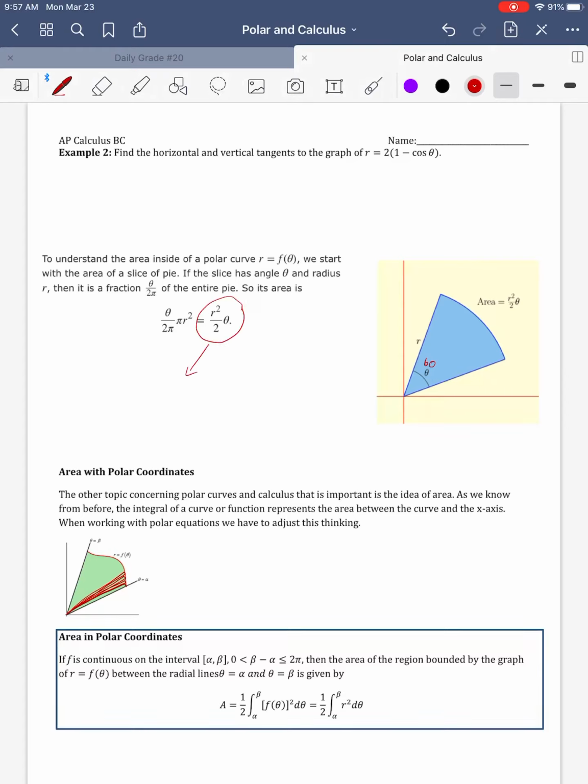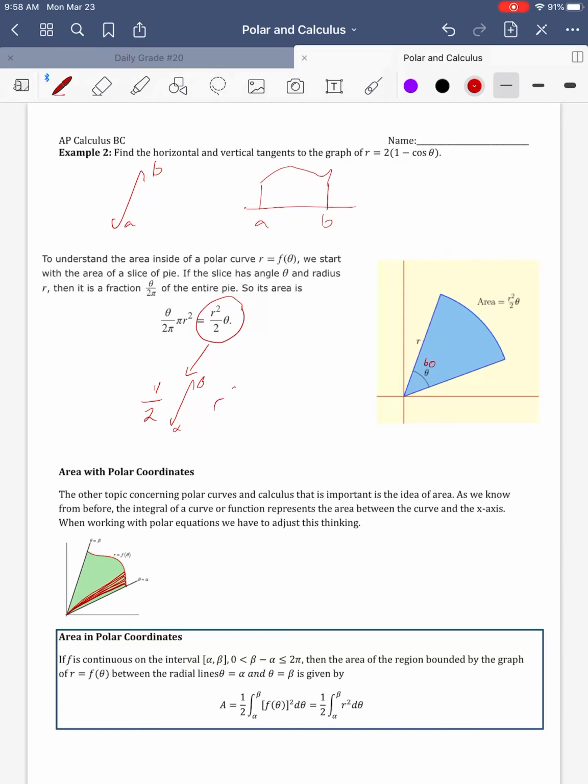So my formula comes from here. The 1/2 just goes out front because it's just a coefficient. Then the integral, from the angle alpha where this sector starts, all the way to the angle beta, which is where the sector ends. So instead of A and B in my rectangular system, we're working with alpha and beta, because they're angles, just like theta.